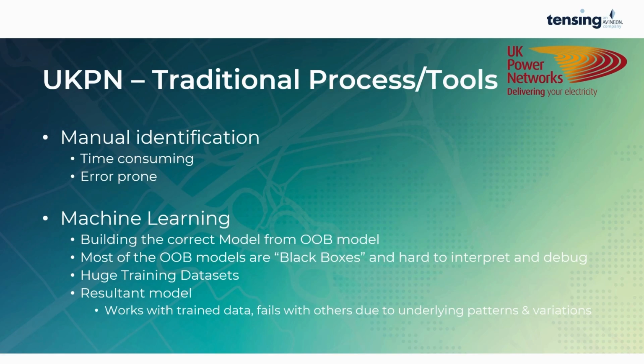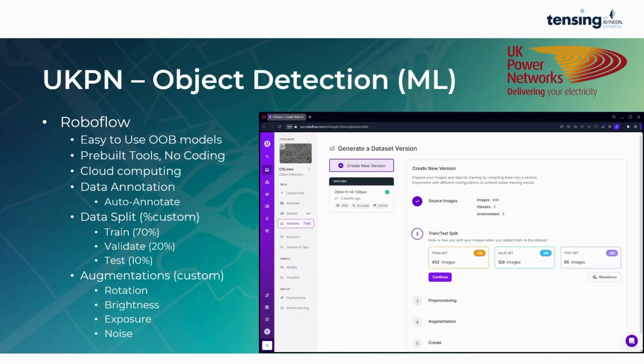So this kind of traditional machine learning challenge, there are out-of-the-box tools. There's a lot of training that goes into prepping them. They can also be a bit of a black box. You're not quite sure how they're identifying the features, and you don't have the ability to swap out the models underneath them. Roboflow's got built-in tools that allow you to deal with brightness challenges or rotation or exposure or noise in the images as well.